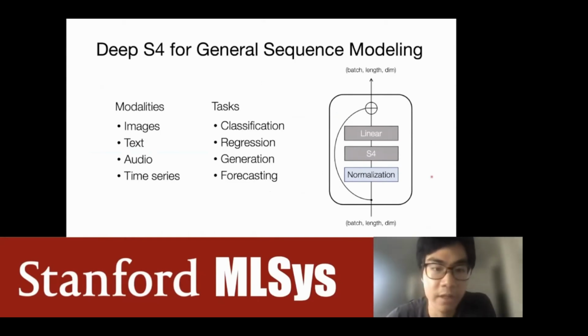There's a normalization layer, like layer norm or batch norm. We then use the S4 layer, which is what I've been talking about, and then some position-wise linearities and non-linearities as well.